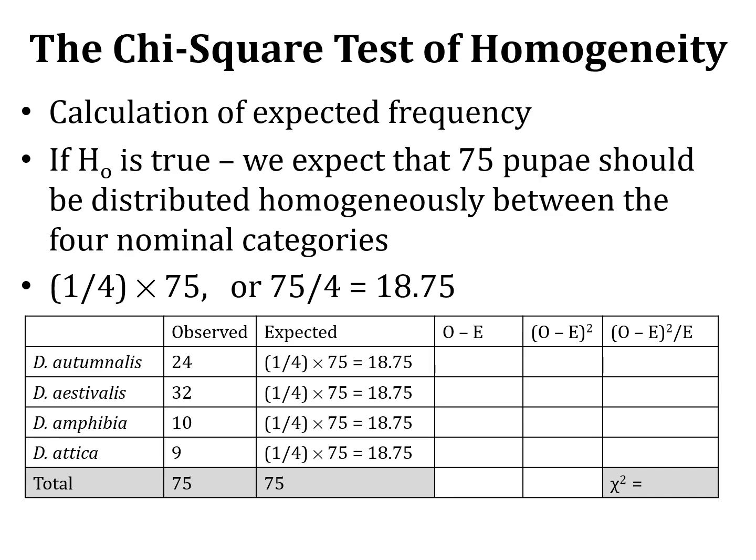So this is the method of calculating the chi-square value from your observed and expected frequencies.